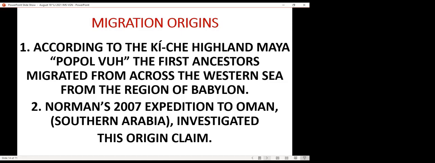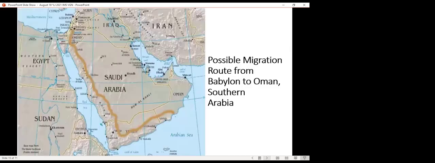In my 2007 expedition with Gerald to Oman, Southern Arabia, we went there to investigate this origin claim with some surprising success. Here's a map of one of the primary travel routes between Babylon and Egypt, passing through Palestine, down the Red Sea coast, and then over to Oman.